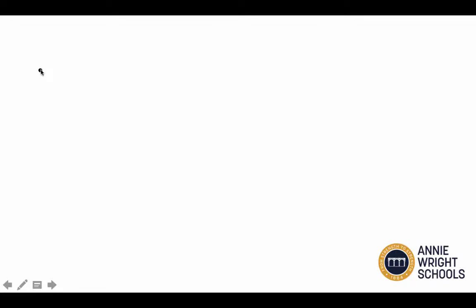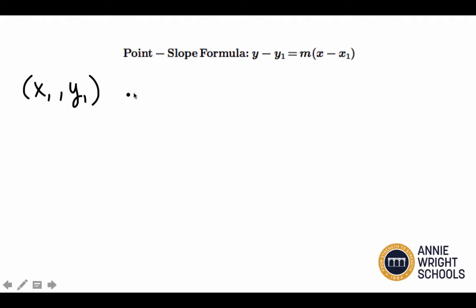So another formula of a line, it's actually my favorite formula when coming up with equations of a line, is called the point-slope formula. Because all you need to write the equation of a line is a point, some (x1, y1) on the graph, and the slope. If you have those two things, then you just plug them into this formula right where they are and you're done.